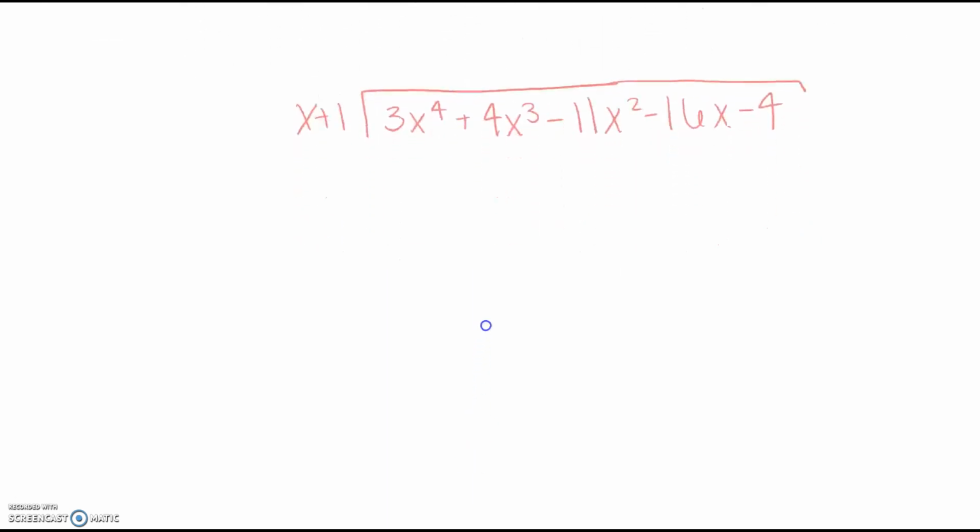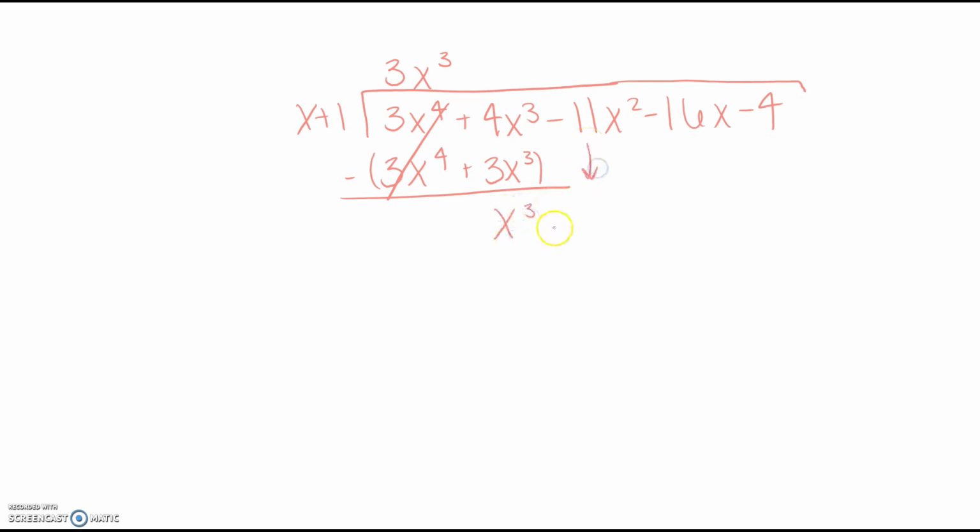So what times x will give us 3x to the 4th, and that will be 3x cubed. 3x cubed times 1 is 3x cubed. And now we're going to subtract. So these cancel. 4x cubed minus 3x cubed is just going to be x cubed.